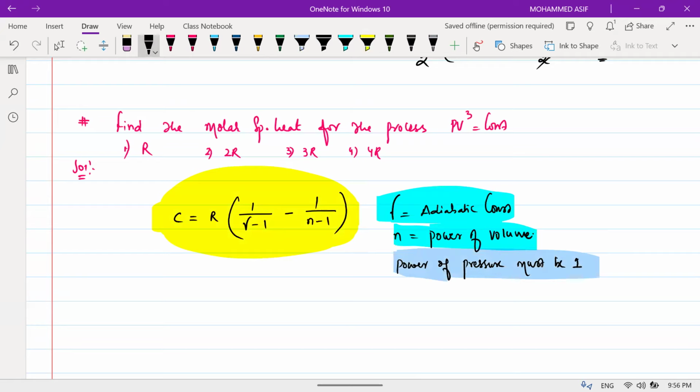अब आंसर आ गया आपका. कर लो. कितना आ रहा है बेटा? C is equals to your R into 1 divided by gamma minus 1, minus 1 by N minus 1. Gamma is right now for me what? Adiabatic constant.